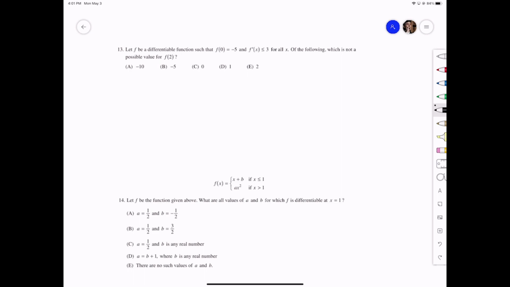So that means that if f of 0 is -5, let's just say f prime of x is equal to 3. That's the maximum. That means that f of 1 would be -2 and f of 2 would be 1. So 1 is the maximum possible value for f of 2. So 2 is not possible.